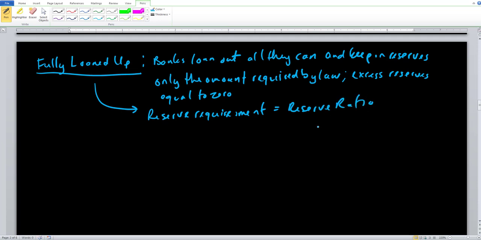So in this instance, when banks are fully loaned up, the minimum reserve requirement set by the Federal Reserve is exactly equal to the bank's reserve ratio. So basically, the reserves are equal to the required reserve. So it's a very special and unique situation that banks usually shouldn't be in. But in this example, we are going to work with this idea in order to see the maximum amount of money that is going to be created within the banking system.